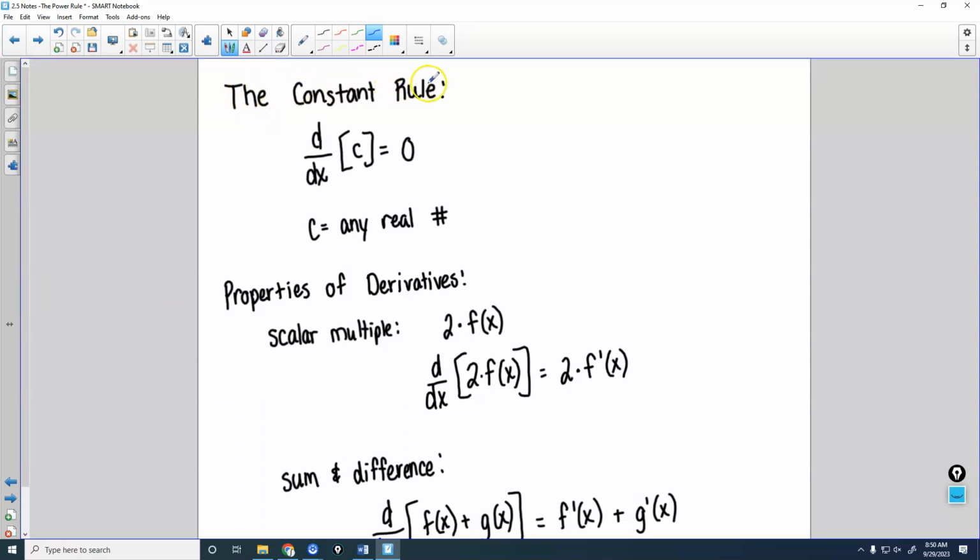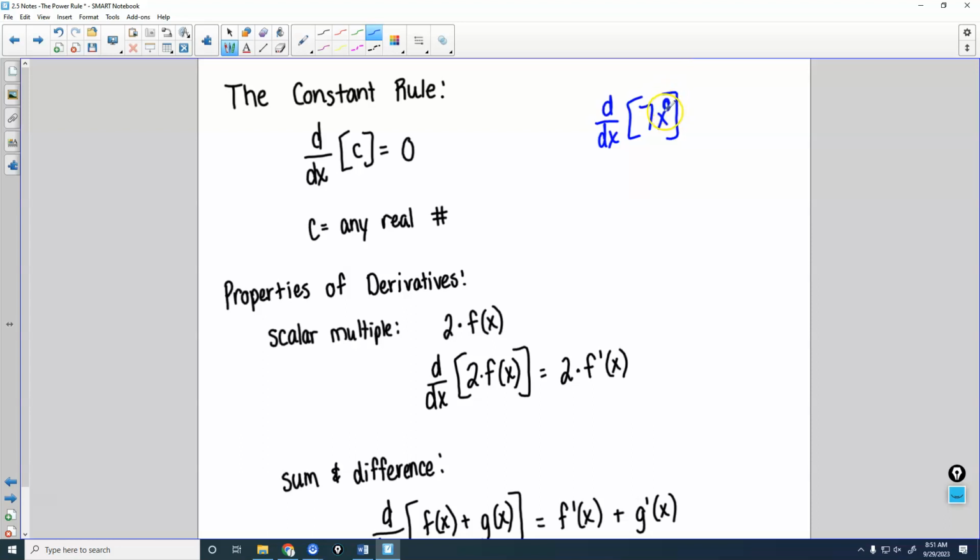So there is a constant rule. The constant rule tells us that the derivative of any constant is 0. If you think about it, if I'm trying to take the derivative of 7, it doesn't have any x's. So if it had an x with it, what would the exponent on that x be? It'd be a 0 because there's really not any.